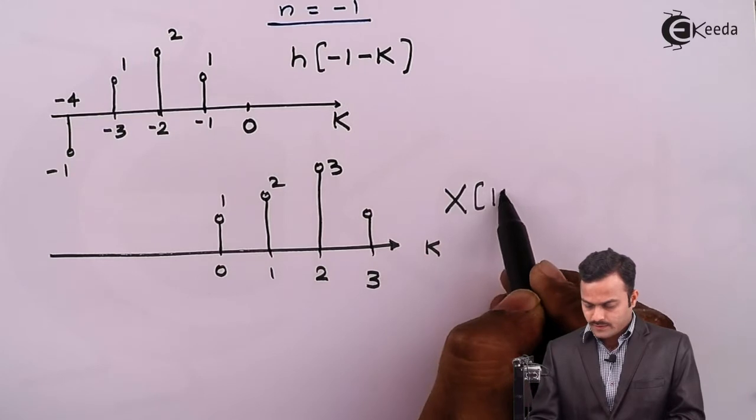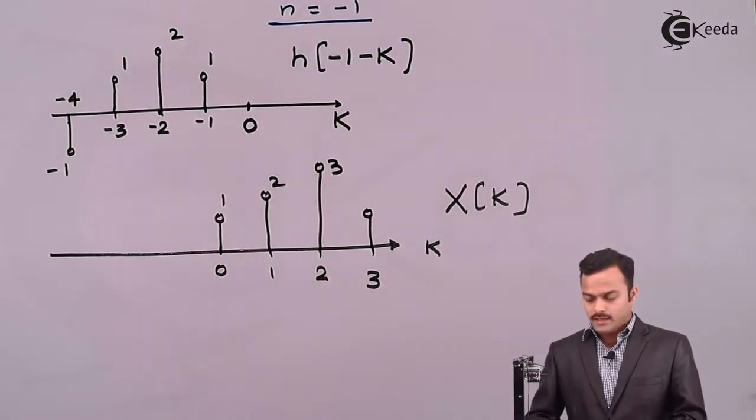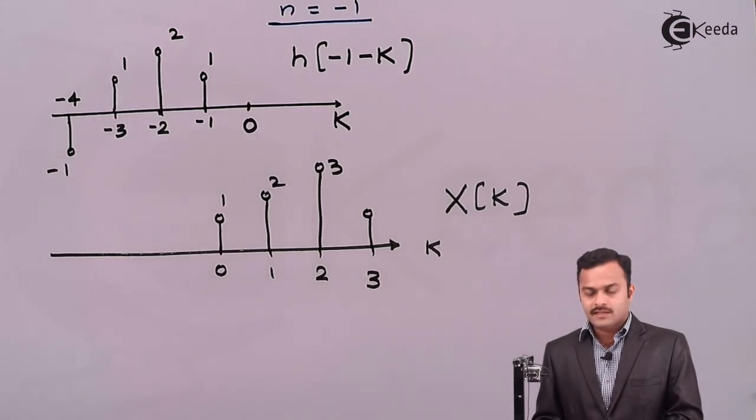So this is x of k. For n equal to -1, I will get this picture. If we see properly, I'm not getting any samples common between them, no overlapping.